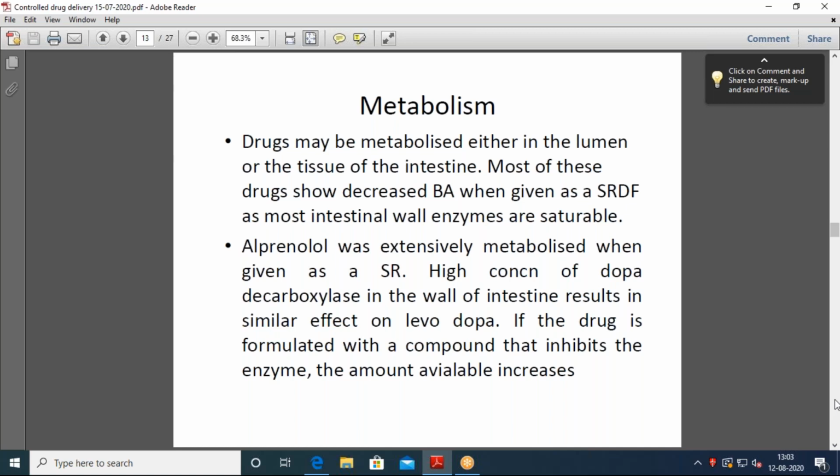For example, propranolol was one such drug, and levodopa was another. If these drugs are formulated as sustained release, they are prone to exhibit lesser bioavailability when compared to the conventional forms. So the moral of the story is that if the drug undergoes extensive first pass metabolism in the GI tract, such drugs are not good candidates for SR. That was the final conclusion.